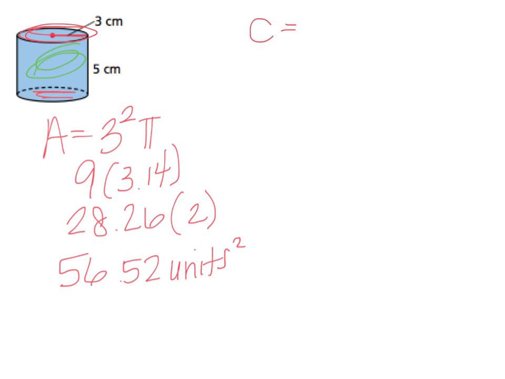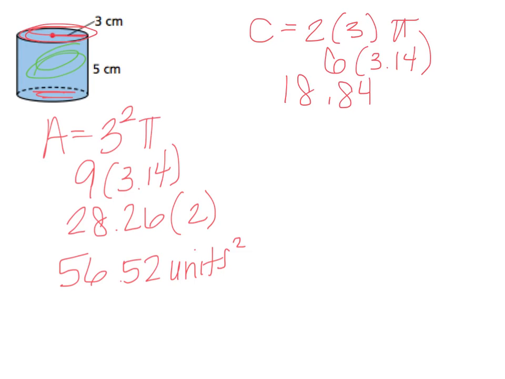So circumference, since I'm given a radius, I'm going to do 2 times 3 times pi, which is 6 times 3.14, which is 18.84. So I know that that top part all the way around is 18.84 centimeters.